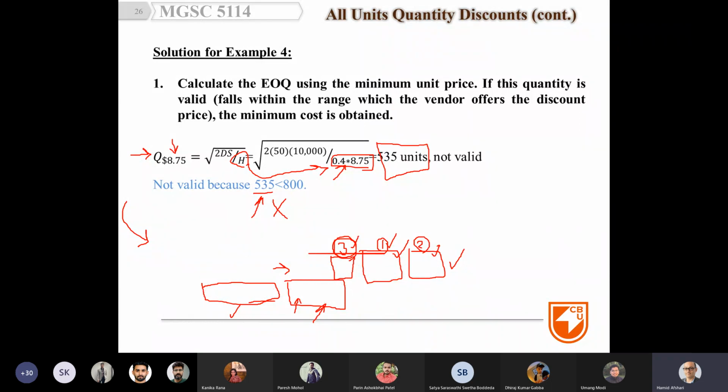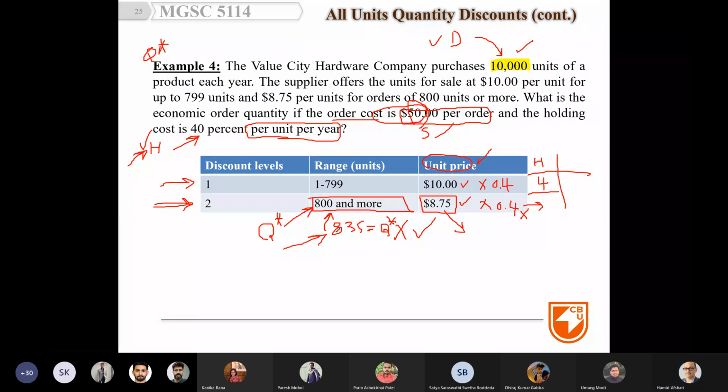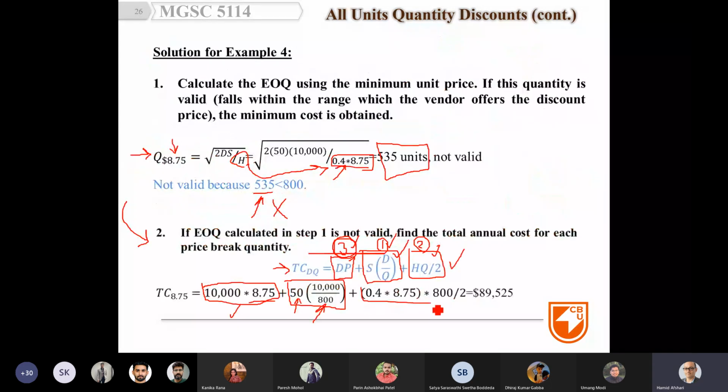It will be 40% multiplied by 8.75. So as I have here, this will be my H. So I should multiply H by which parameter? Q. Again, it's not 535, it's 800 because 535 was not valid. I have to multiply by 800 divided by 2 because this is the average of that.